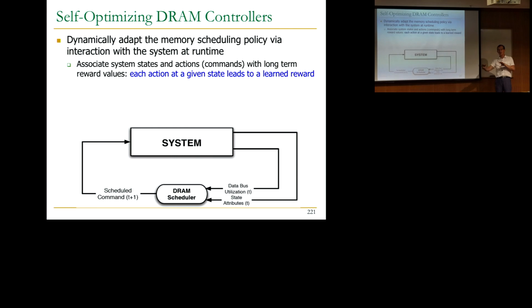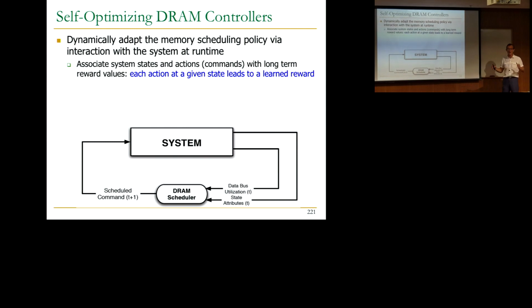And you have the actions that you can take at this point in time when you observe the state. So this is called a state action pair. You have many different potential actions that you can take in this state, so you form many different state action pairs. And you look at the long-term reward value that you expect to gain based on that state action pair. And you compare all of them, and you pick the action that maximizes the long-term reward value based on what you've observed in the past over time. That's the idea over here.